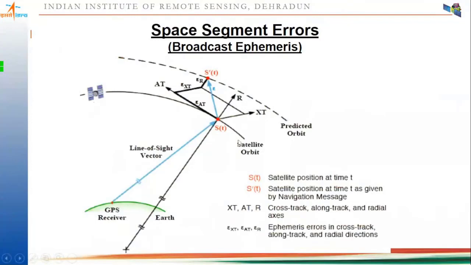When the satellite is moving, if you see the satellite position at time t, it may deviate, showing a slightly different orbit, maybe a change in the XYZ direction, because the satellite position is measured in XYZ. If there is a difference in the X direction, it will be delta X, in Y delta Y, and in Z delta Z. Because of that, the satellite will show a somewhat deviated orbit, and the ephemeris may have little errors, which may be cross track, along track, and in the radial directions.